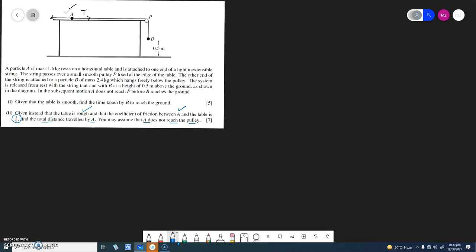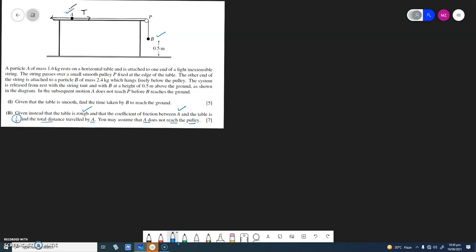different forces acting on the particle A and the particle B, and from forming equations we will be figuring out the value of the acceleration of the whole system before the particle B hits the ground.